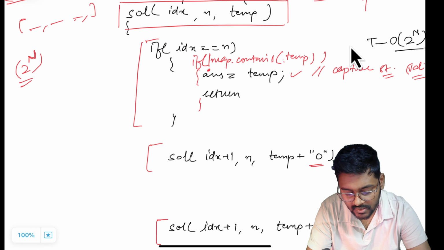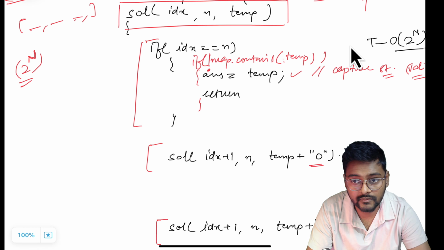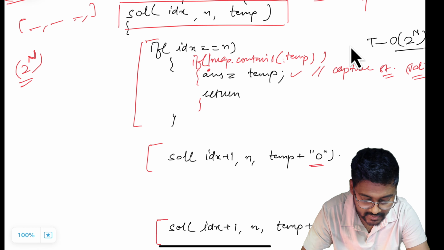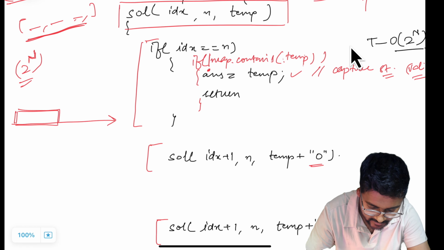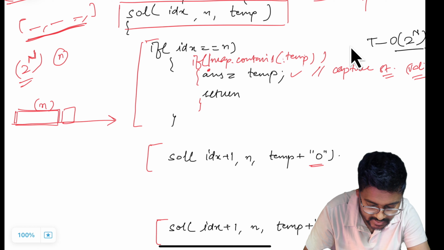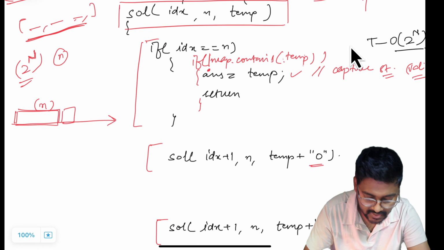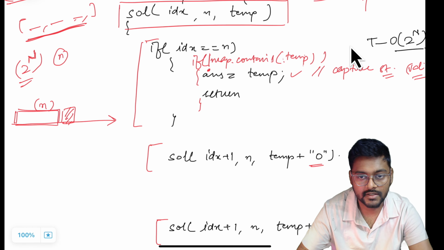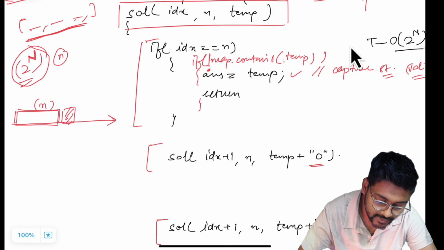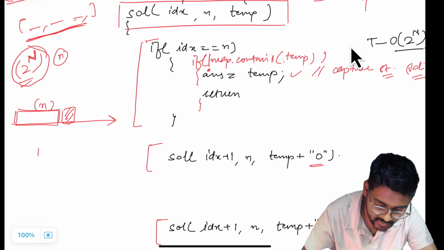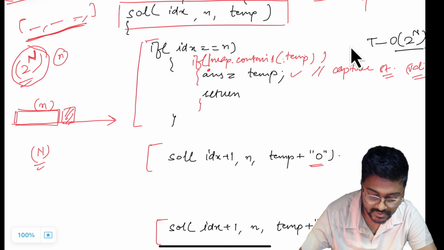In the worst case, how many binary strings should we generate? Let's say we are generating binary strings in this order, and all of these binary strings match the nums array, and the nums array is definitely going to have n binary strings. So we have to generate n binary strings. Then if those n binary strings match the nums array, the n plus 1 will definitely not match. Got it? So what was the need of generating 2's power n binary strings if we only require n binary strings?